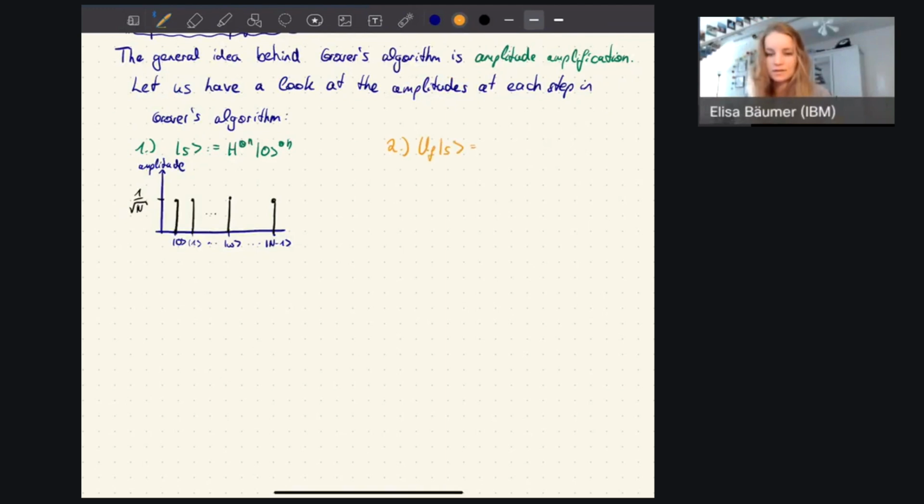What happens then to the amplitudes? So we have here identity minus 2 times projector onto W, applied to state S.